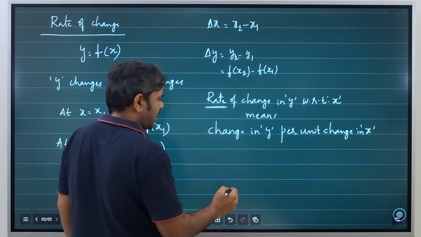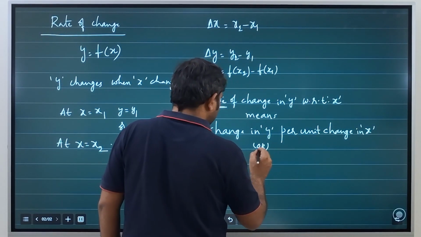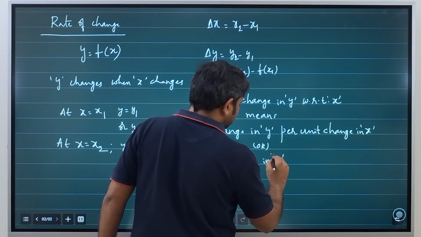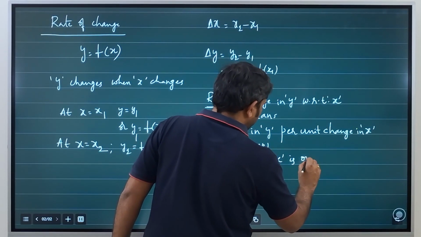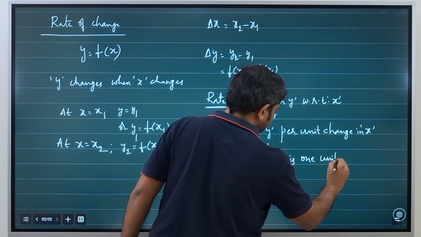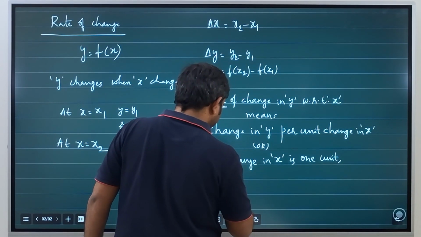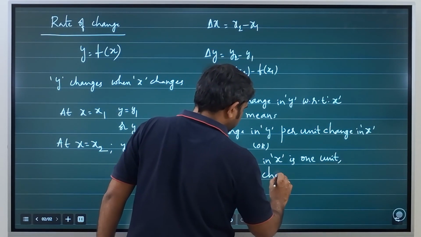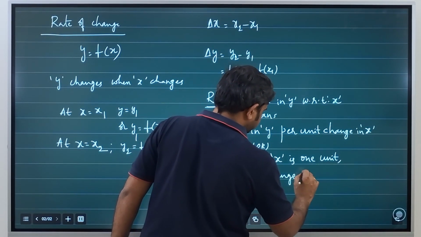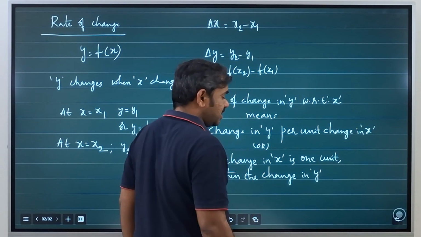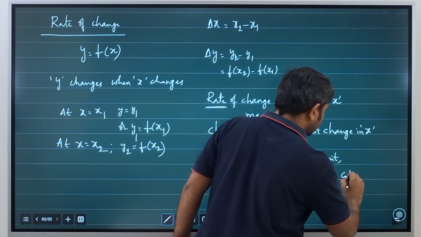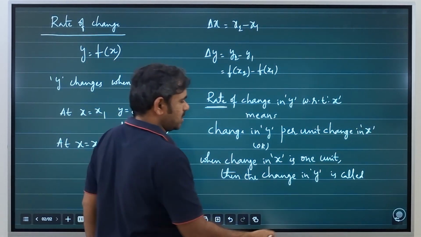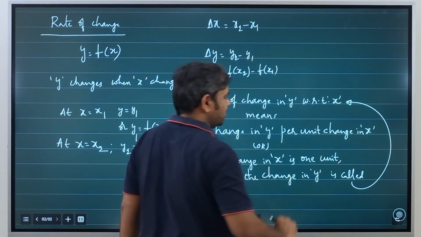To put it in simple language, when x changes by 1 unit, then the change in y is called rate of change in y with respect to x.